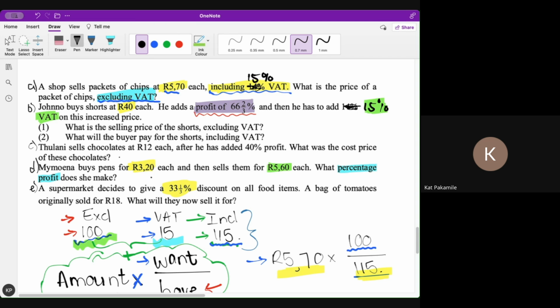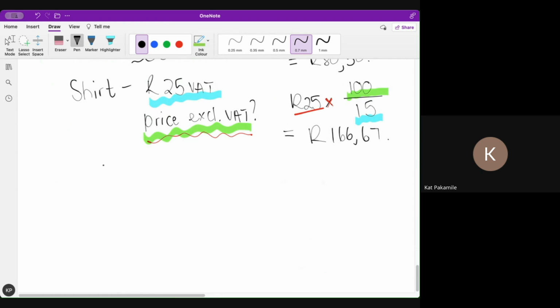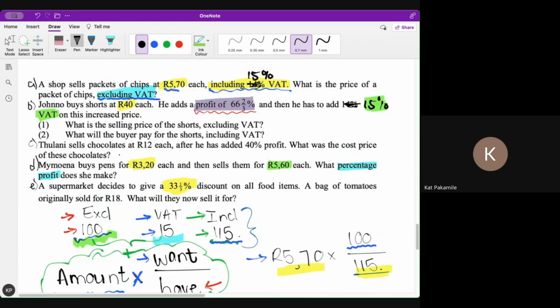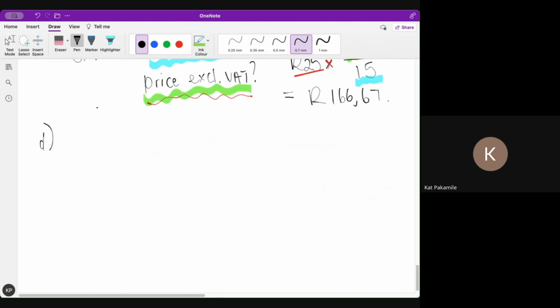The 3 rand 20 represents the what? What do we call that 3 rand 20? So she buys the stuff for 3 rand 20. We're not doing VAT right now. Remember the amount stuff is, yes, Entle, that's your cost price. So this thing costs you 3 rand 20.